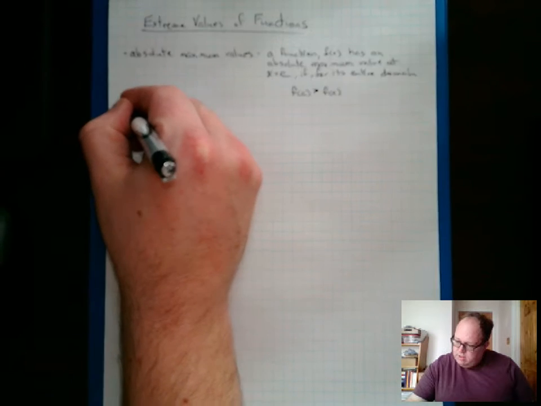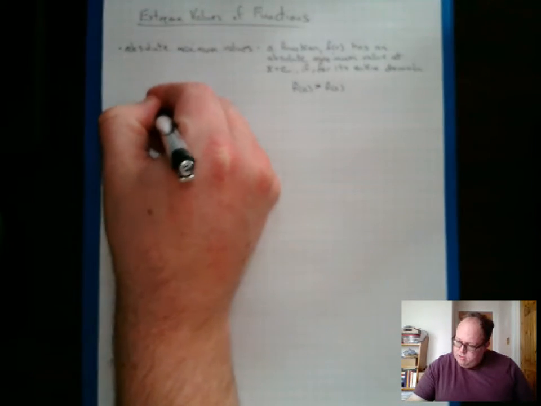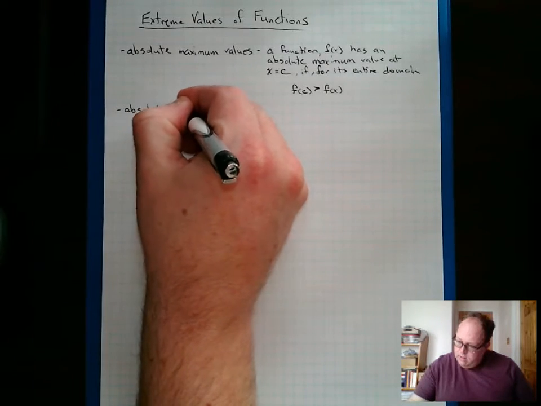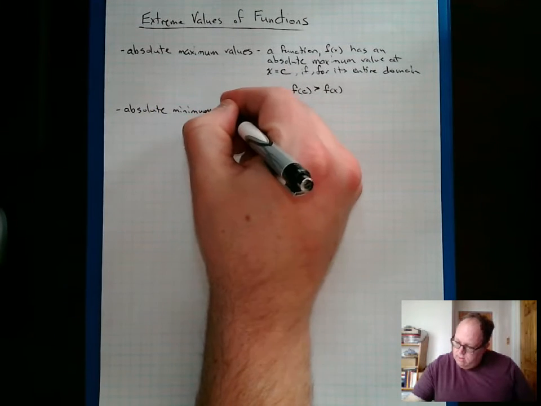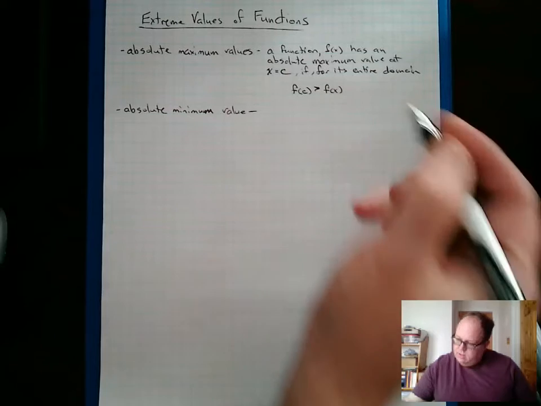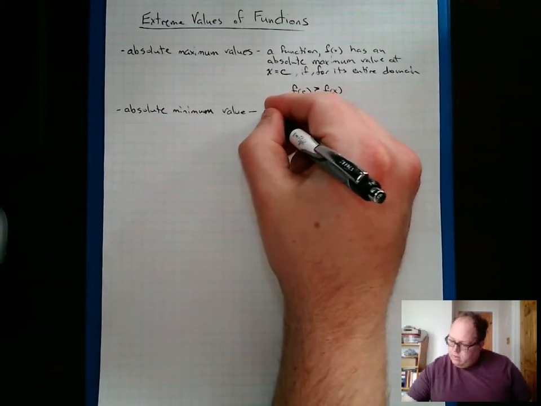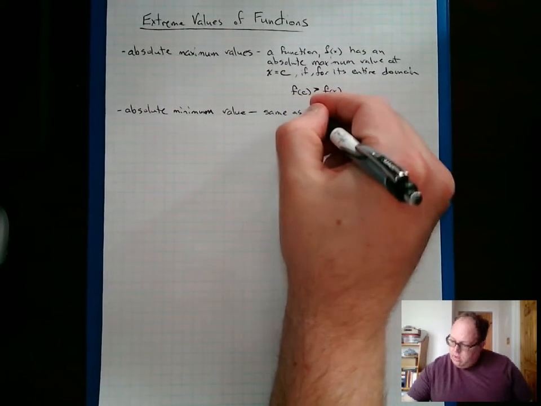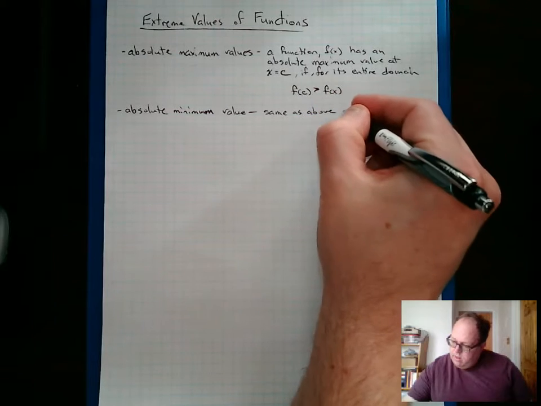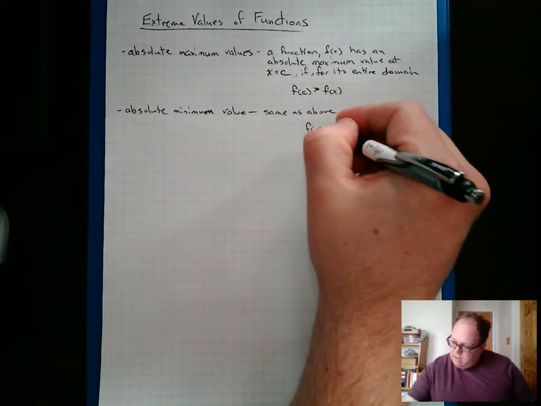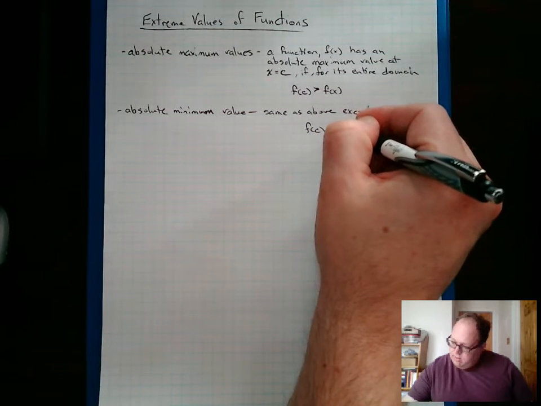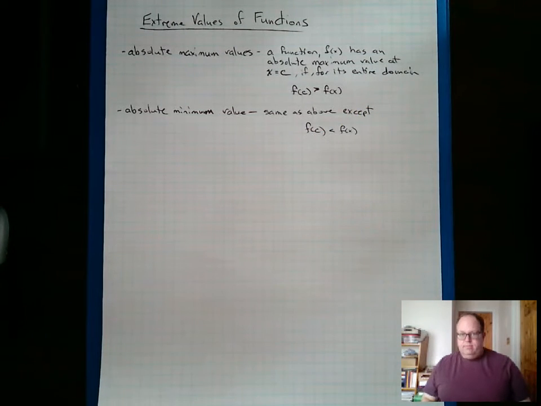Similarly, the condition for an absolute minimum value is the same as above, except f of c is less than all other f of x.